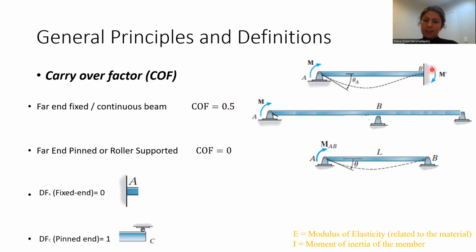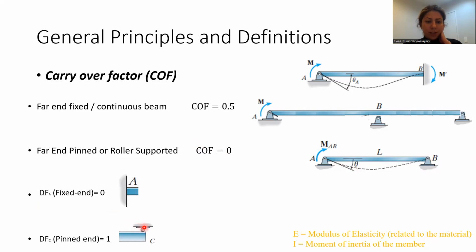So for a fixed end and a continuous end, if you're standing at A and look at the other end of the beam and it is continuous, the carryover factor would be 0.5. However, if you're standing at A, look at the other side of the beam and it is a pin or support, and there is no continuous beam after B, it means your carryover factor must equal 0.